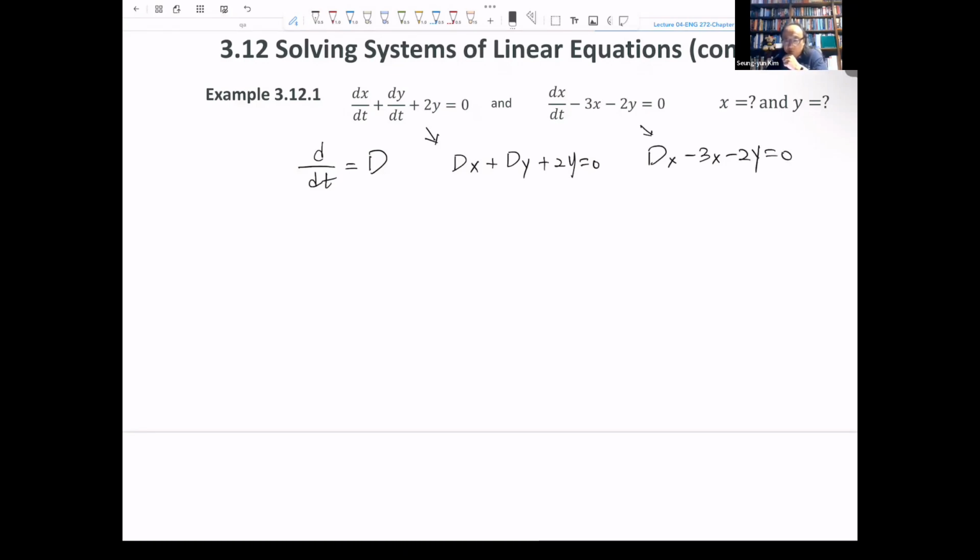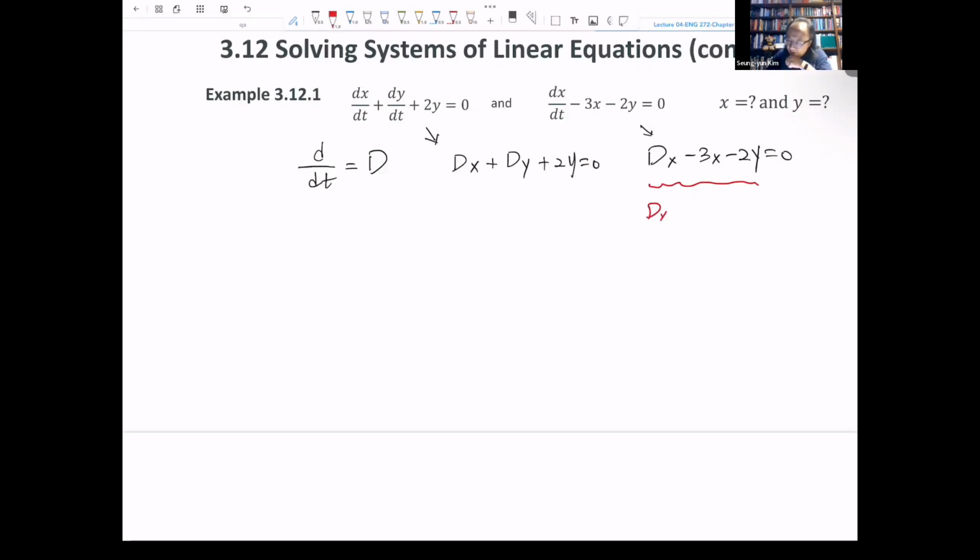Once you have changed d over dt to D and written these equations, now using one equation or both equations with the substitution method, we need to have only one variable. Somehow we need to substitute x in terms of y so that we have only y, or y in terms of x and all the x's.